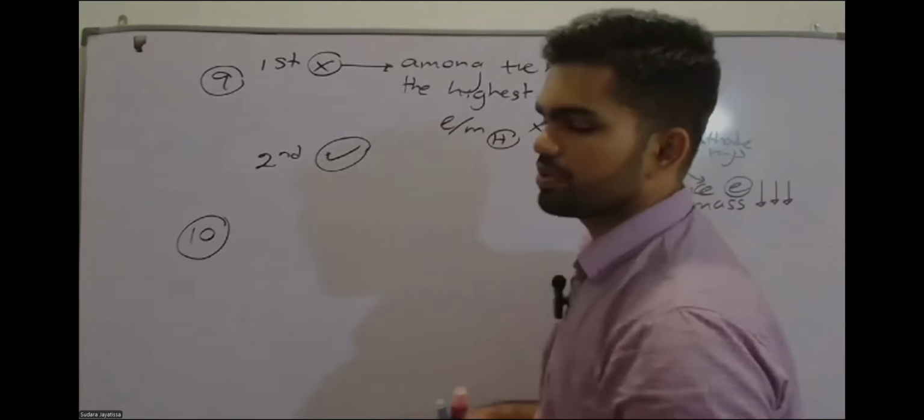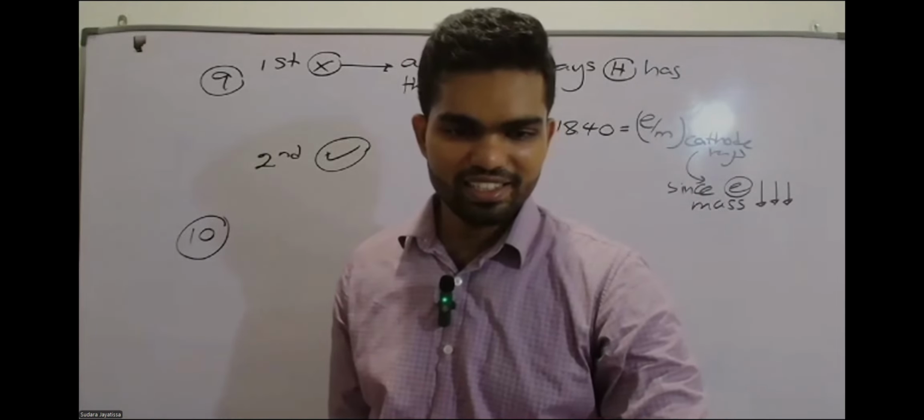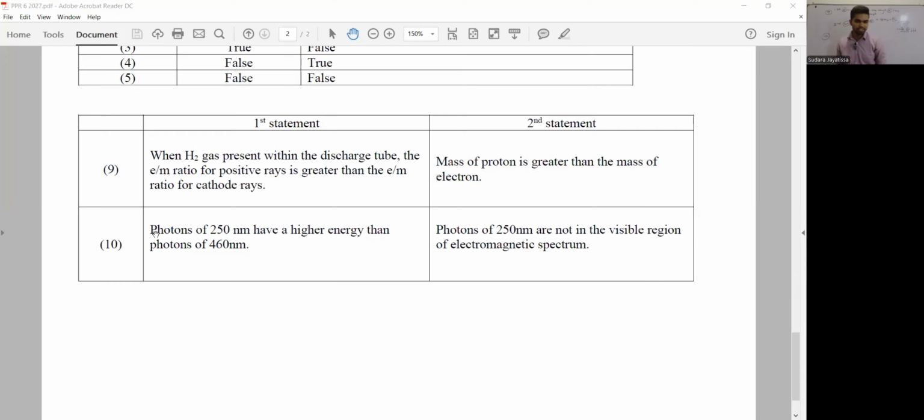Okay, good. Majority of you have selected the correct answer. Right. Let's see the last one. Photons of 250 nanometers have a higher energy than 460 nanometers. So tell me in which region this 250 is there, Rama.